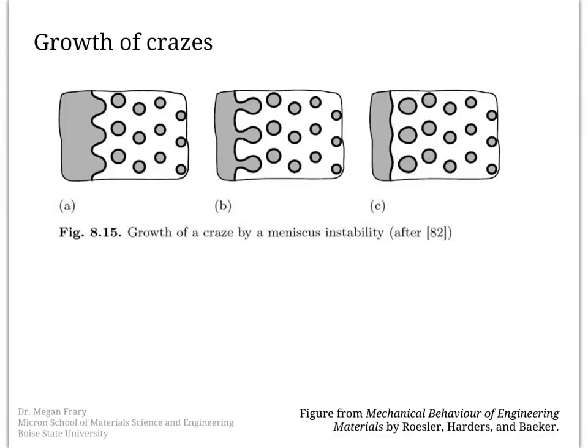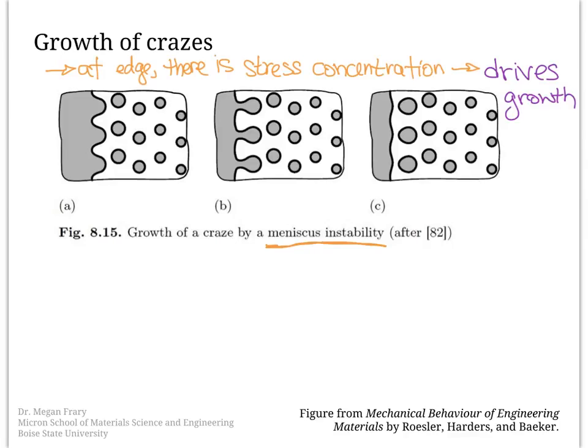So the growth process for crazes occurs through a process called the meniscus instability, and it's illustrated in these images here. So at the edge of the craze, there's a stress concentration, and that's what drives the further growth. So essentially what happens is that at the edge of the craze, these sort of finger-shaped extensions evolve and contract, and in the process they form new fibrils.